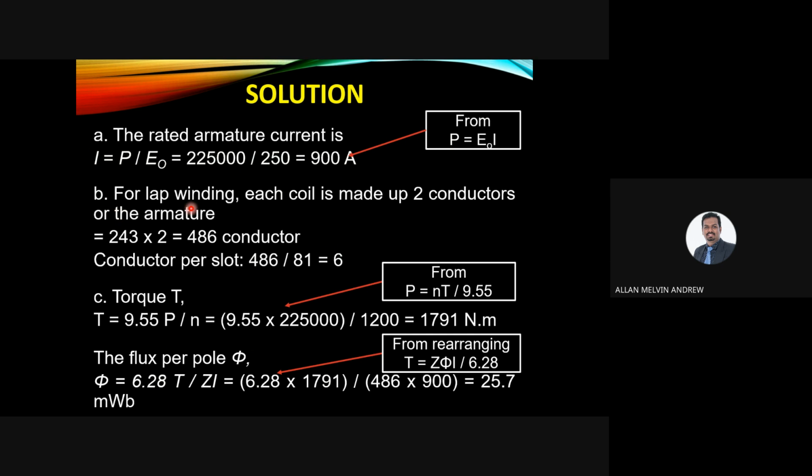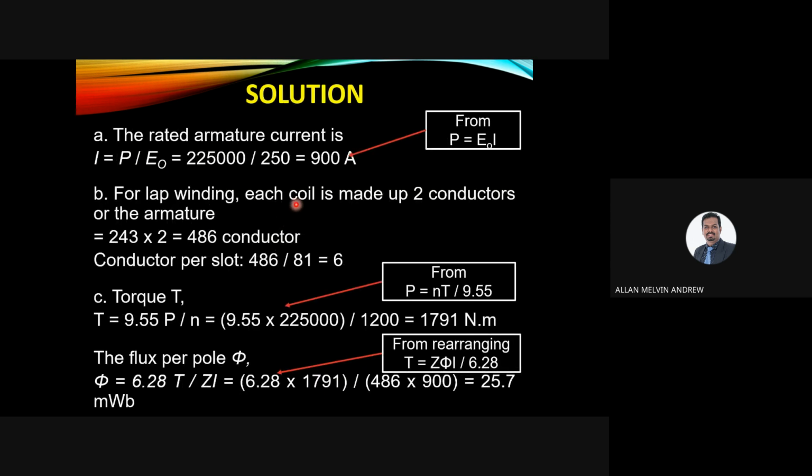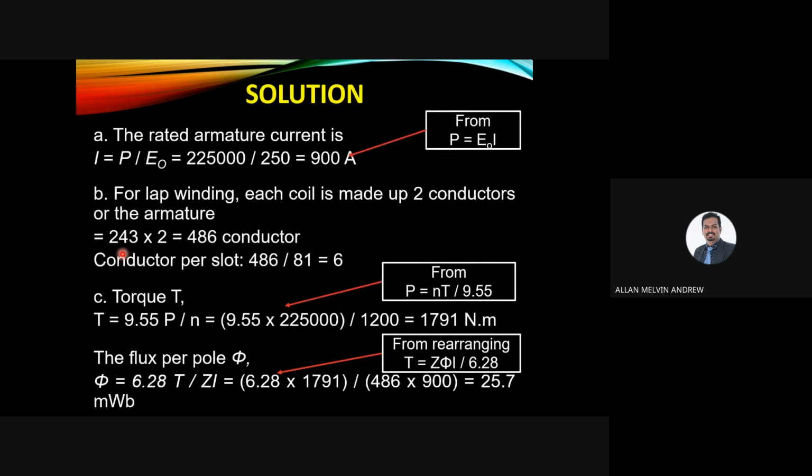Okay, for lap winding, as the question mentioned, we need to understand each coil is made up of two conductors. We need to find out how many coils there are. Armature coils we have 243, and each coil has two conductors.